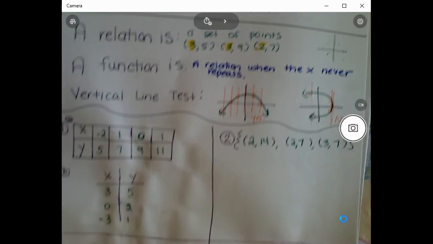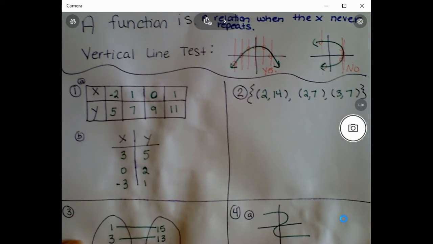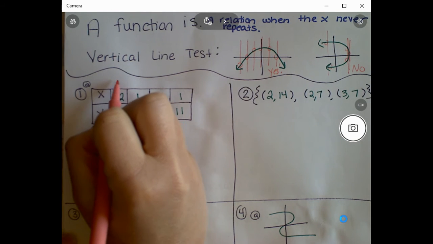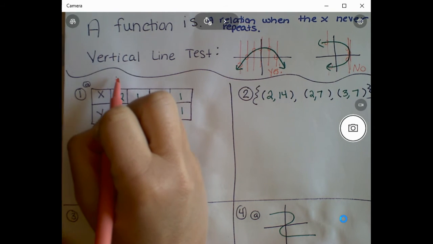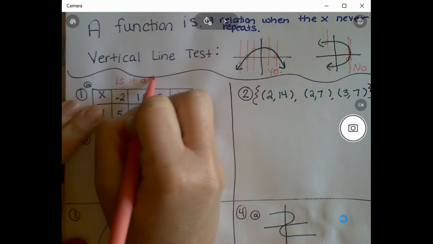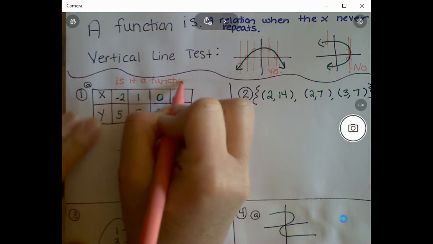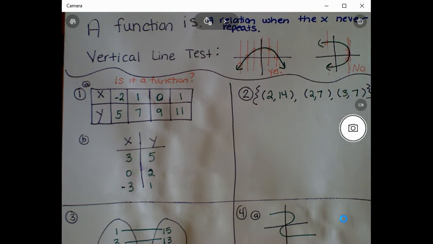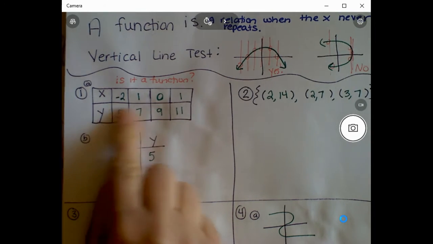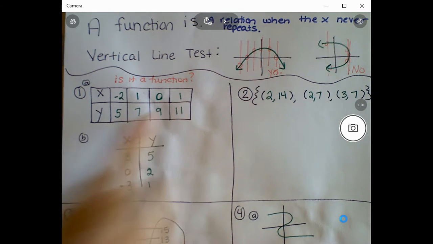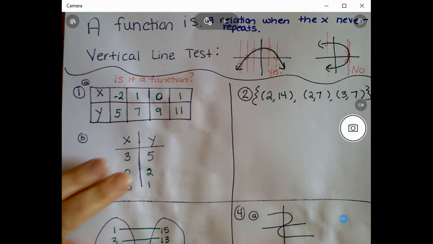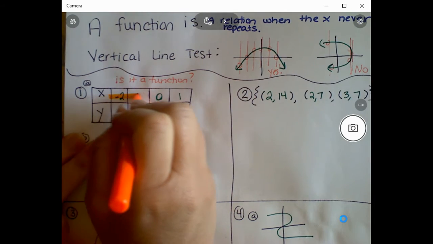All right, so let's do some quick examples. We want to know, is this a relation? Or we'll write, is it a function? All right, so is it a function? In order to decide when you're looking at a chart if something is a function, the only thing you want to look at are the x's, the domain.